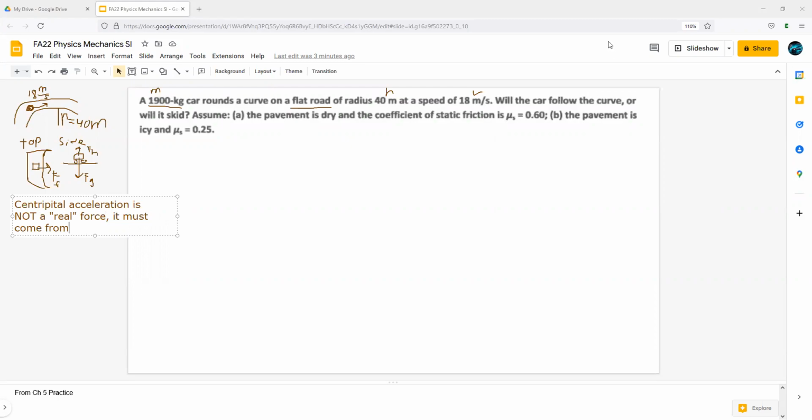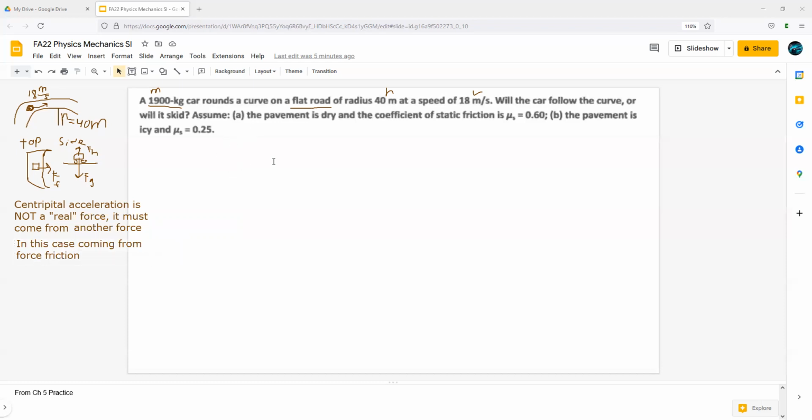In this case, it's coming from force friction. And in the swing one that we did, where we swung it around in a circle, it was coming from the force tension.